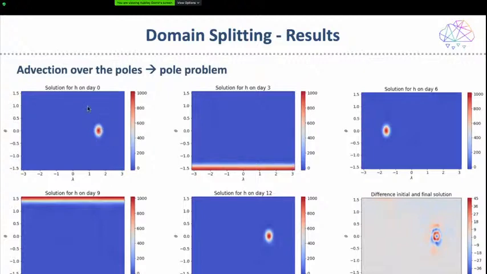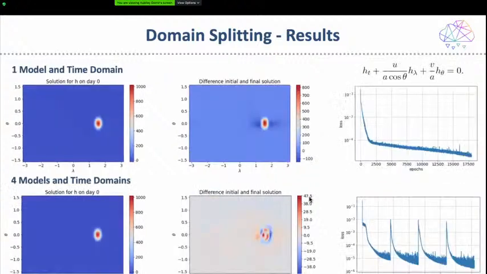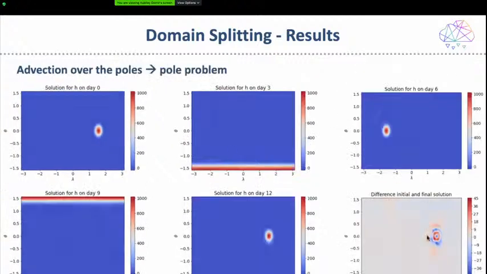The idea is that discretized models usually have a big problem with resolving dynamics at the poles, because there the coordinates have a singularity, since they all go together, and the distance between the longitudes becomes very small. However, this model managed to still get a very good solution. Here again, they use 4 models, and they get a very comparable solution even for this case.